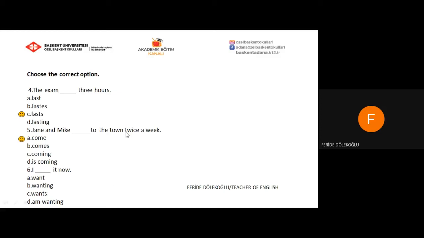We use present simple because here you can see it says twice a week. Okay, it's a repeated action. Question 6, I want it now. Remember, want is a non-continuous verb. And with I, we use verb 1.